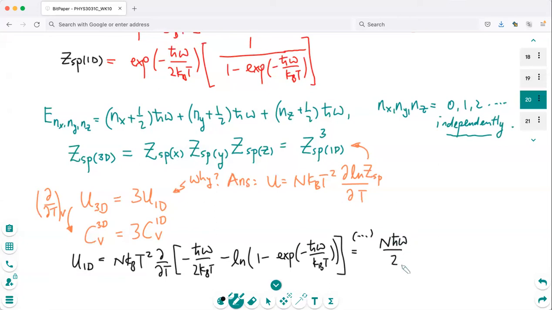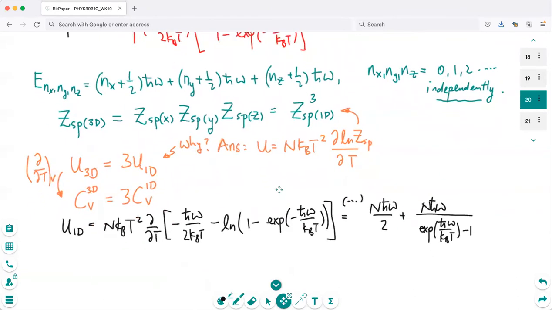N times h bar omega over 2, plus N h bar omega divided by this factor, e to the plus h bar omega over kBT, minus 1. Okay, so there are a few lines here, so please fill in the gap. Okay, so this is done.